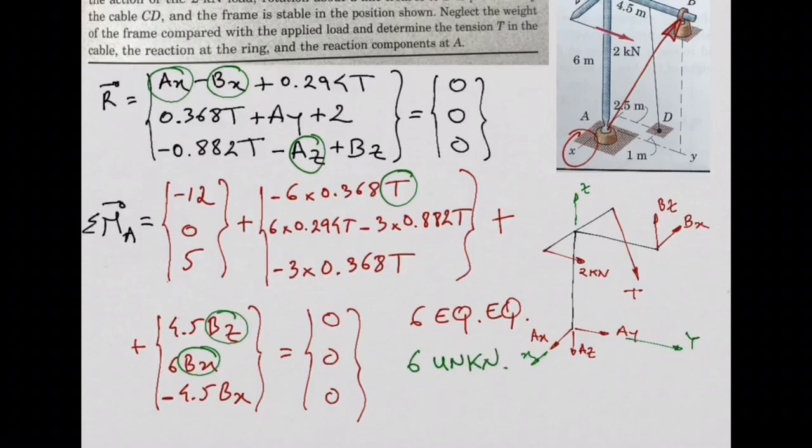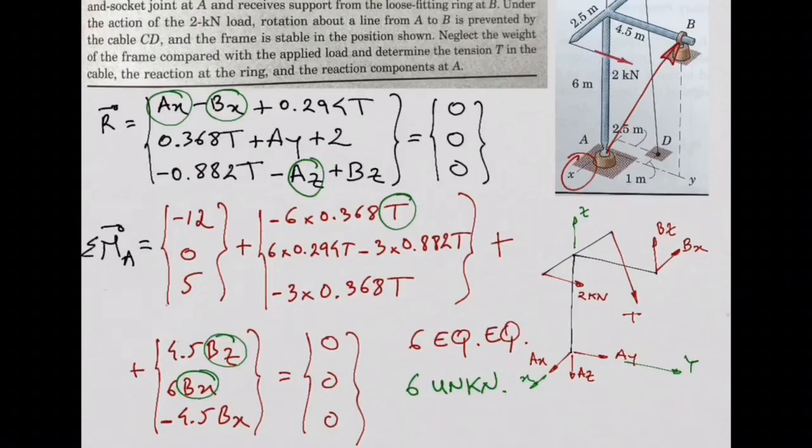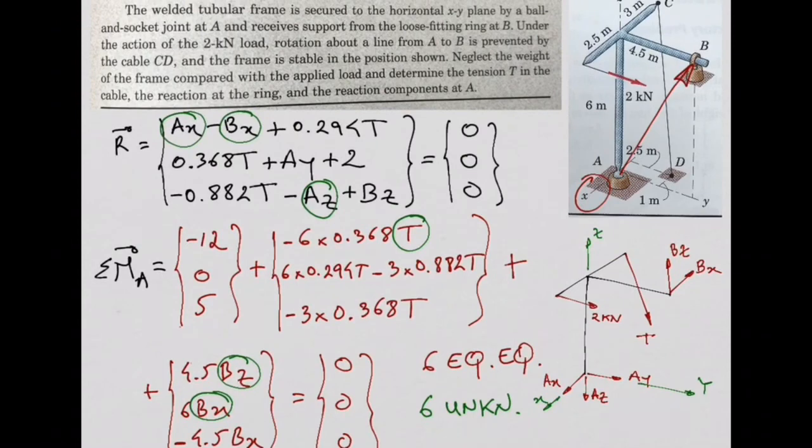We just need now to solve this system, 6 equations for 6 unknowns, and we get the answer. If we solve this system of equations, we get the tension T, the reactions at the ring, which are Bx and Bz, and the reaction components at A, which are Ax, Ay, Az. Problem solved. Okay?